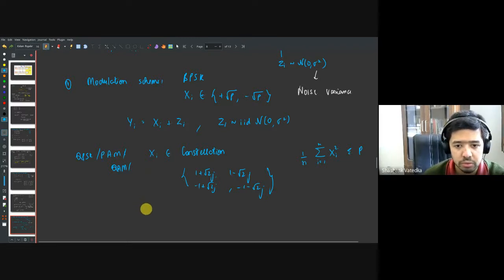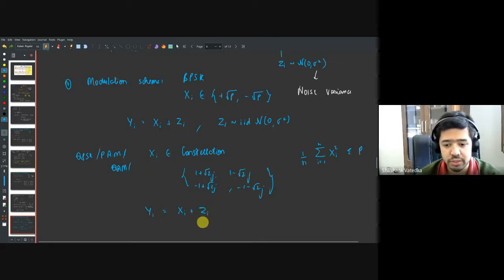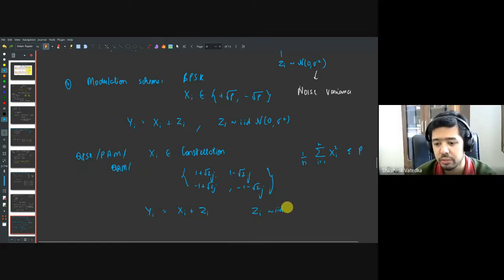So it is one of these four complex numbers. And now each yi is xi plus zi, but now zi is not a real number. It's not real Gaussian noise. It's complex Gaussian noise, complex Gaussian with mean 0 and variance sigma square.